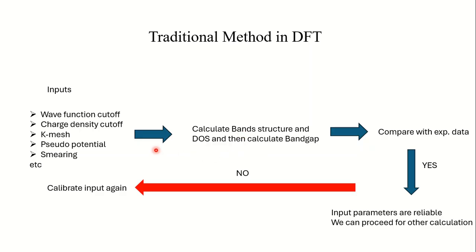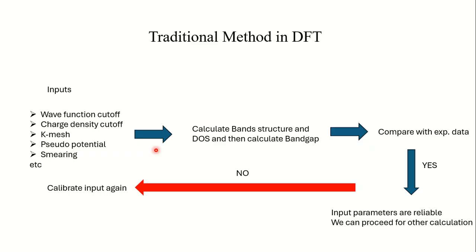This will be a very tough task, to calibrate all the variables again and again, and then find some experimentally reliable band gap. So there is a trick: we can calculate without going into such detail.